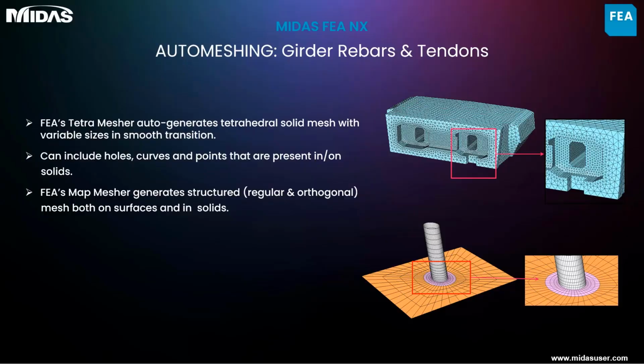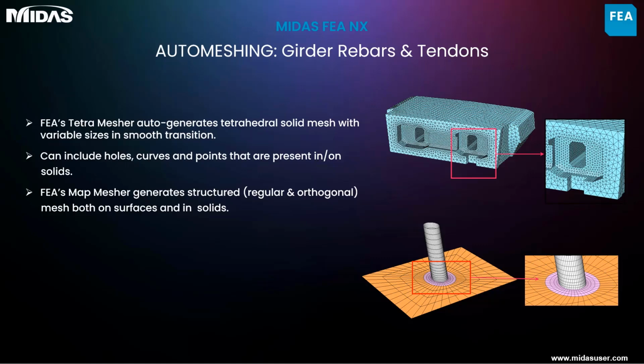The automation feature is one of the major advantages of MIDAS FEA NX. It allows complex geometries to be meshed without requiring partitioning or any other additional efforts, ensuring uniform and smooth meshing with proper node connectivity at the boundaries. FEA NX Tetra Mesher auto-generates tetrahedral solid mesh with variable sizes in smooth transition.